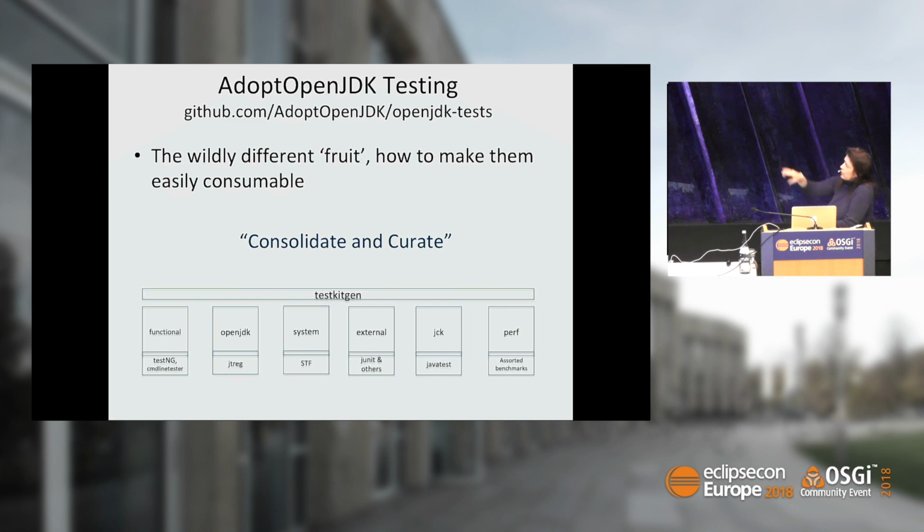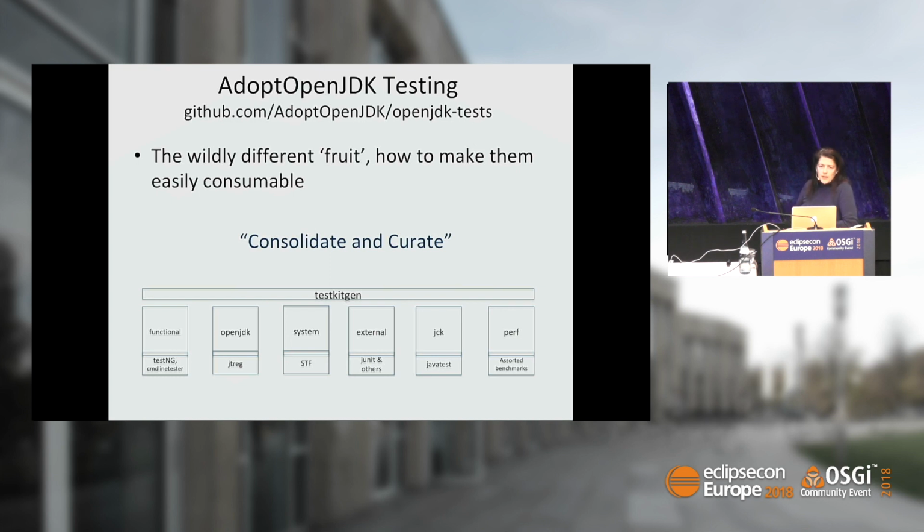The functional and OpenJDK suites, those are essentially suites that are testing functionality. You can think of them as regression tests, unit tests, functional tests. These are tests that test a particular piece of functionality in a JVM, and the underlying frameworks vary depending on where we've pulled these test materials from.